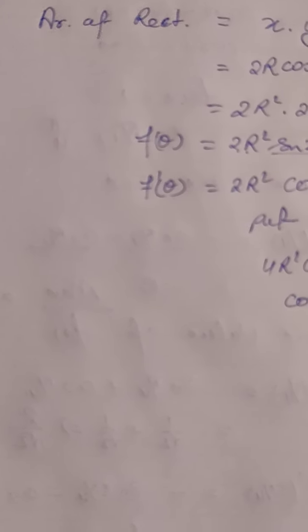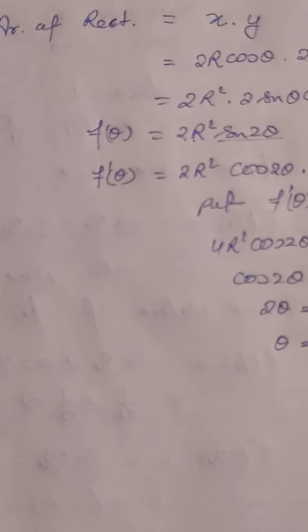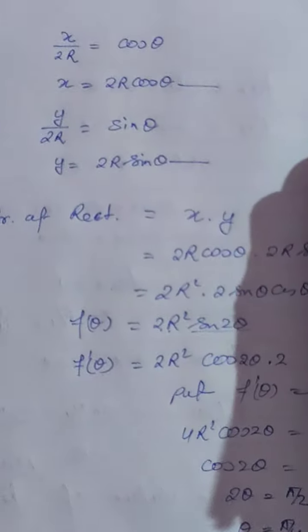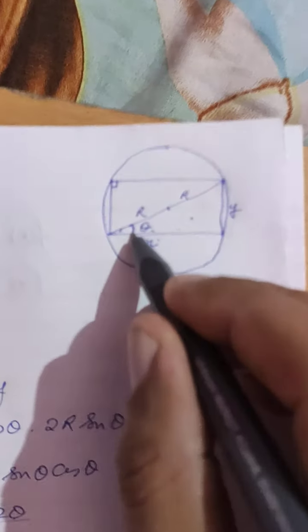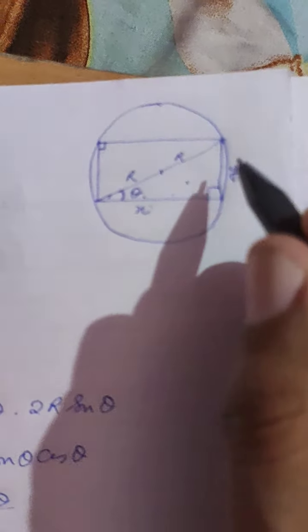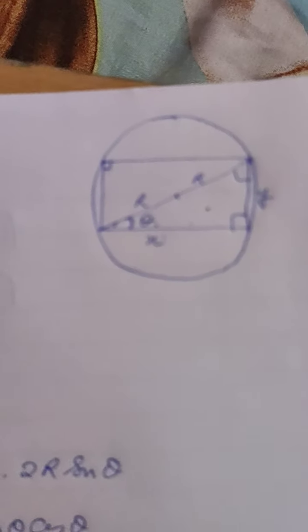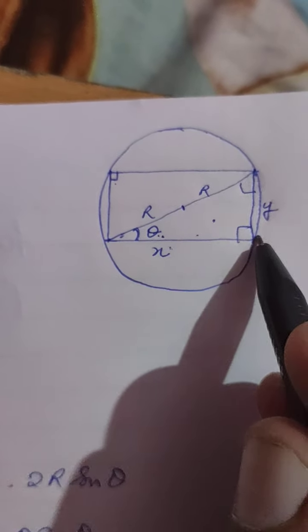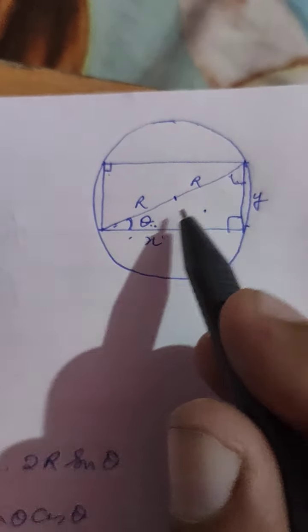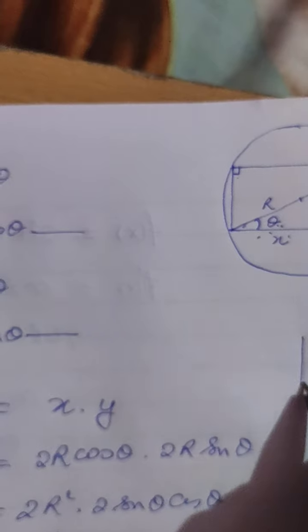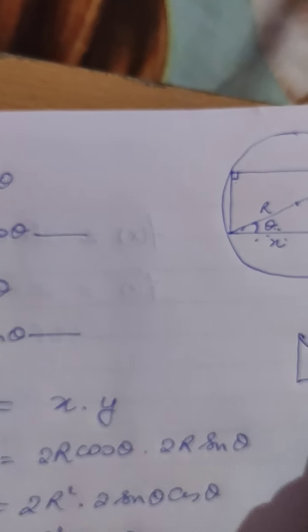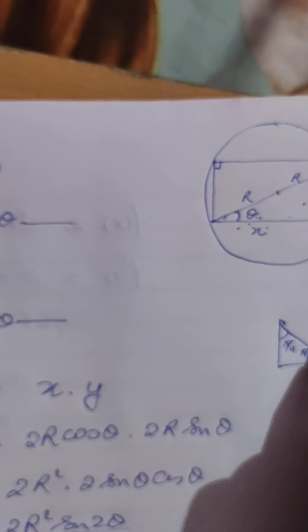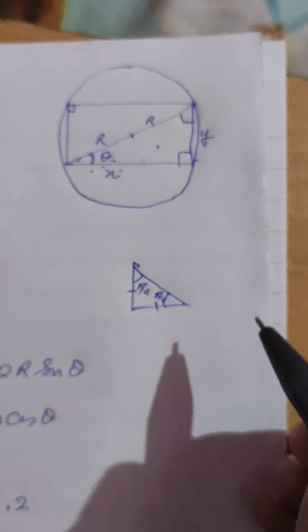Now we are looking for the maximum or minimum condition, that is the main task, we need to maximize. But with pi by 4, just try to see, this angle is pi by 4, this angle is 90, so this will automatically be pi by 4. So these two angles become equal, and if two angles are equal, the sides opposite to equal angles will be equal.